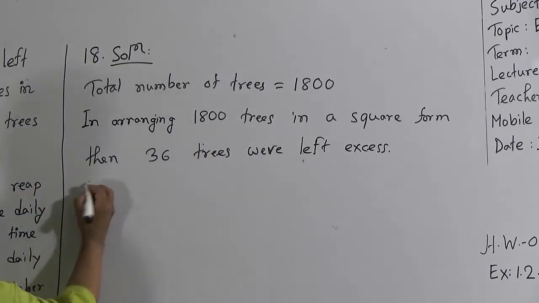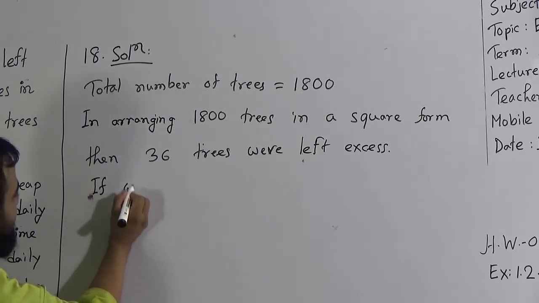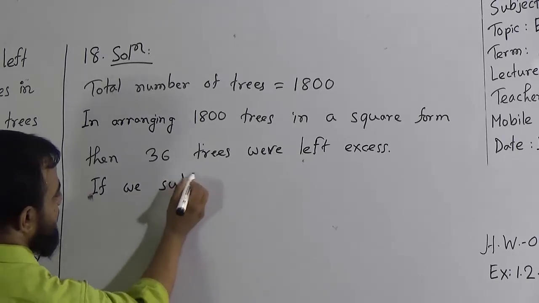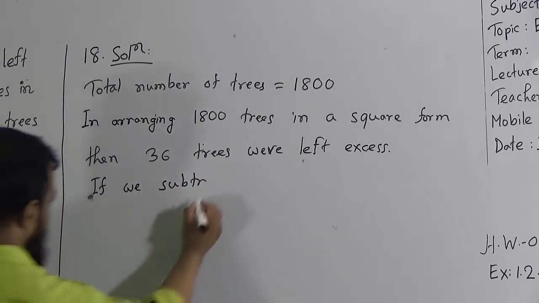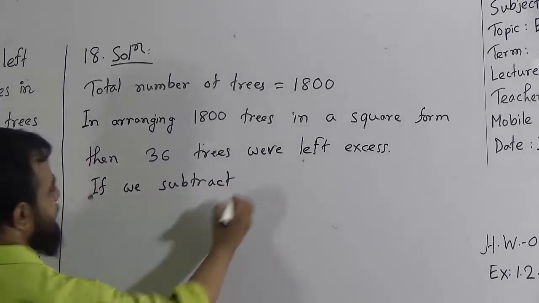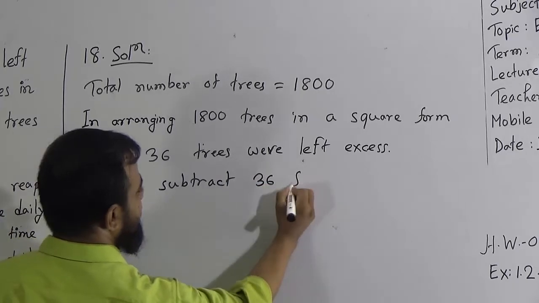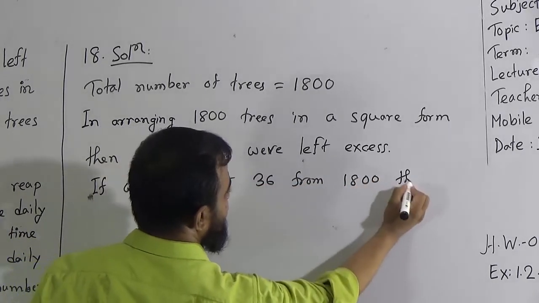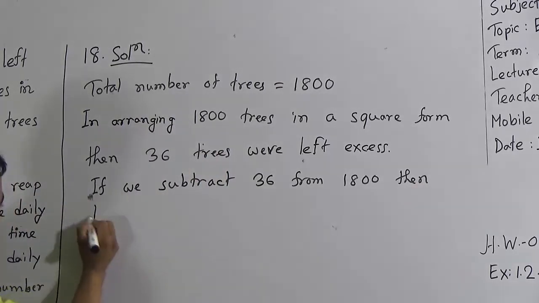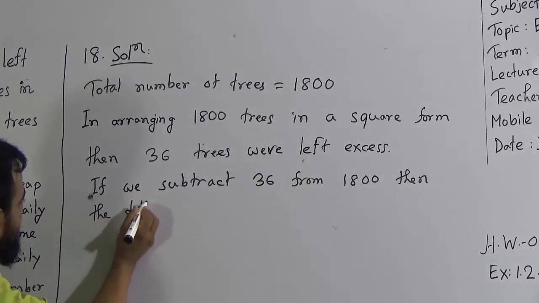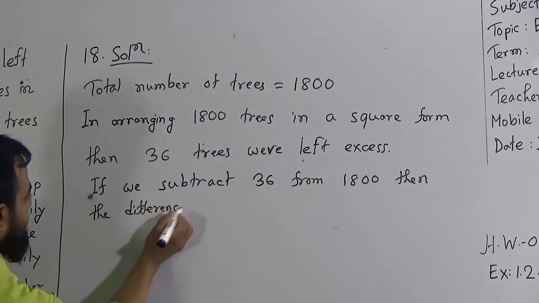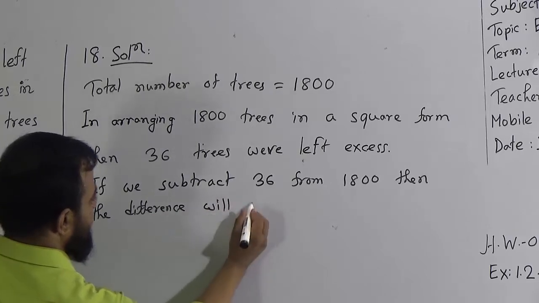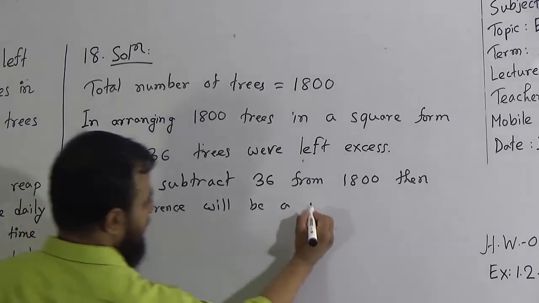Okay, so write it down. If we subtract 36 from 1800, then the difference will be a perfect square number.